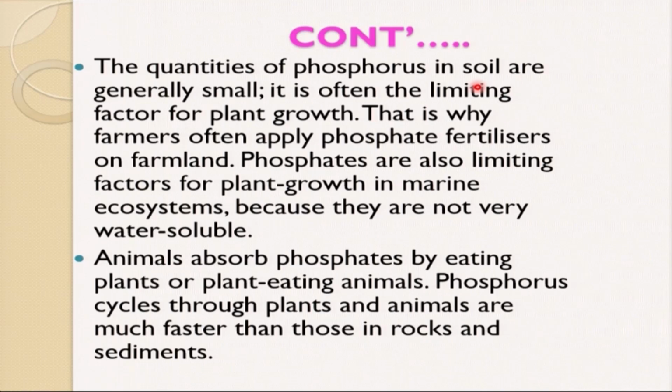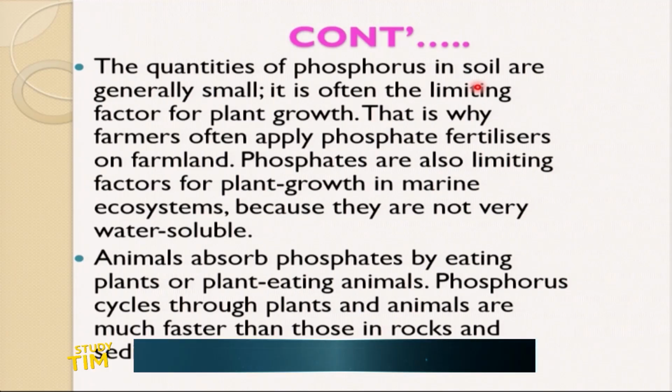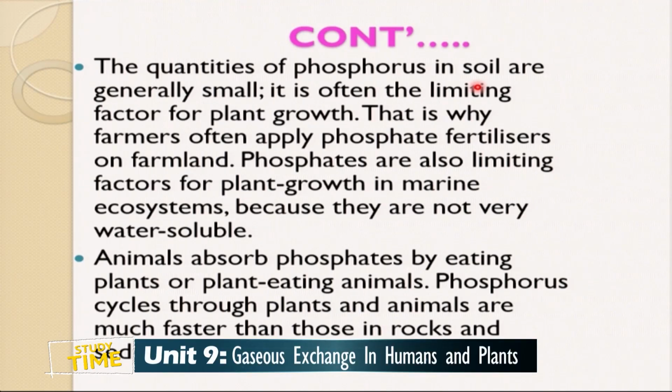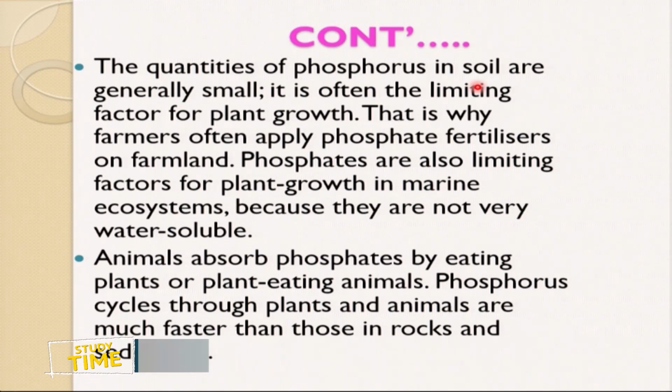If there is an absence of phosphorus in the soil, it can act as a limiting factor for plants to grow. That's why farmers often apply phosphate fertilizers on farmland. Phosphates are also a limiting factor for plant growth in marine ecosystems, because they are not very water soluble. Simply, it is found in small amounts and is needed by plants to grow.